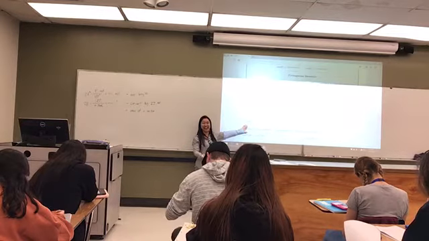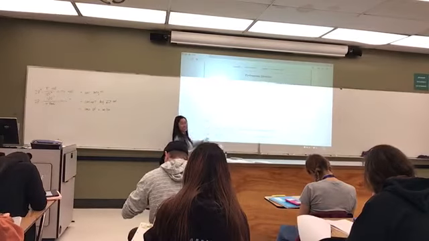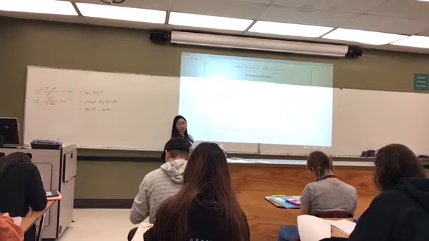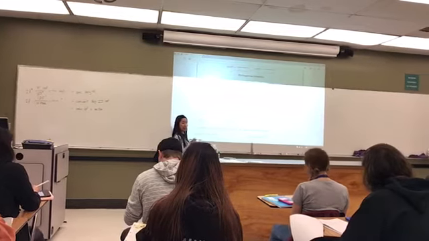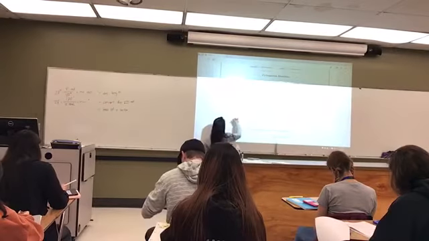Yeah. Okay, how do you get it? Multiply by the reciprocal. Right, of which one? Of the 1 over 3 or 2 over 3? 2 over 3. Nice. So with that, we're going to do sine divided by cosine.